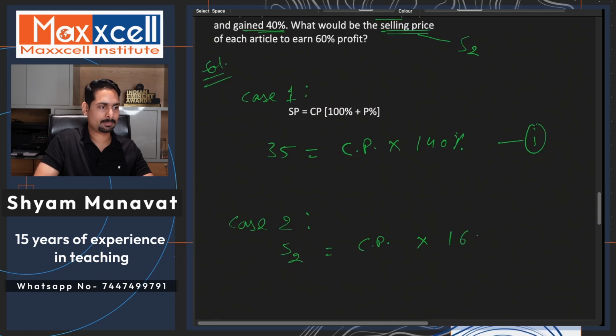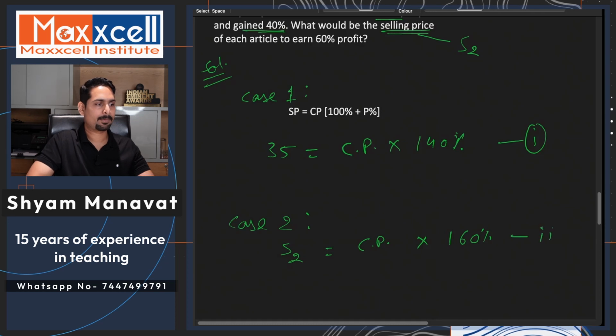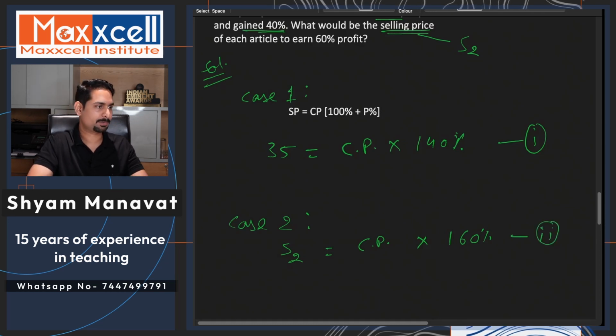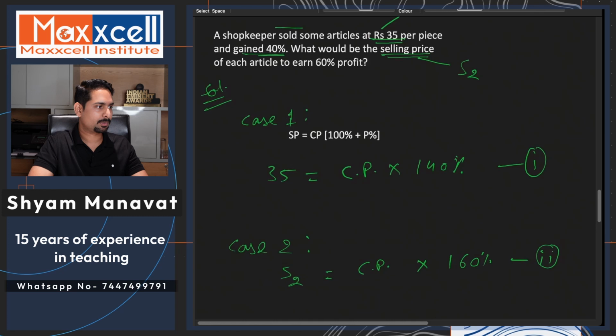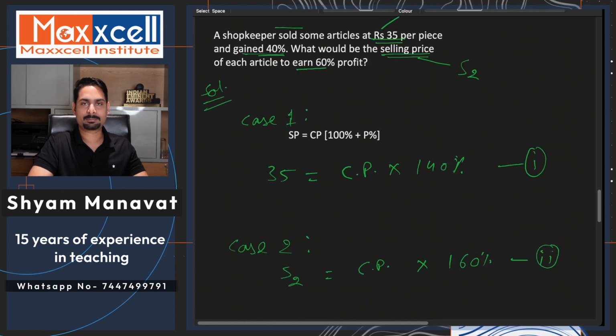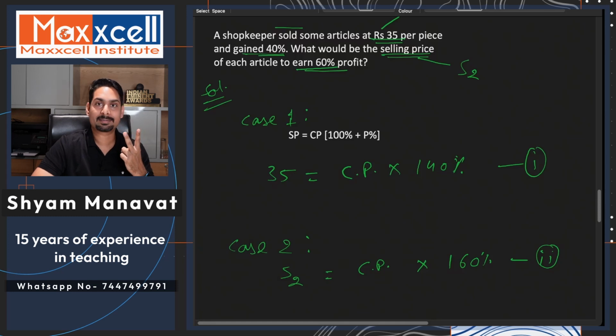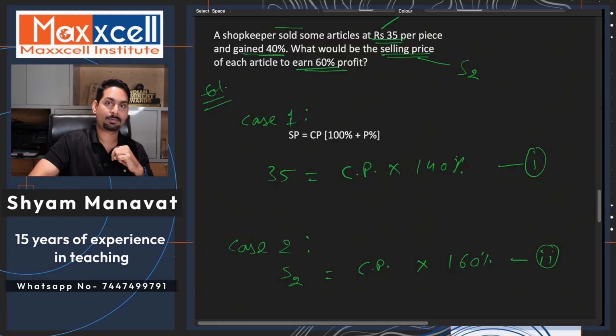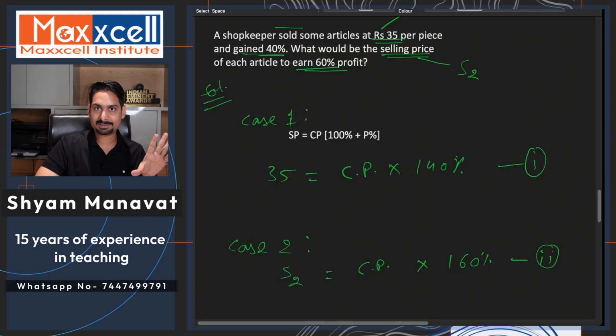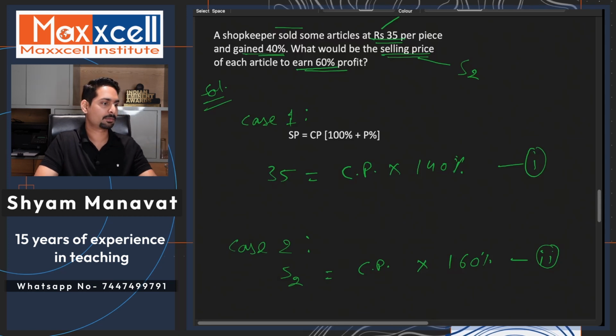That means you multiply by 160%. Okay, again 100 plus profit percent. You on each article earn 60% profit. That's in the second case. That will be applicable to get the selling price number 2. Okay, so I hope these two equations are clear. Yes. Okay.